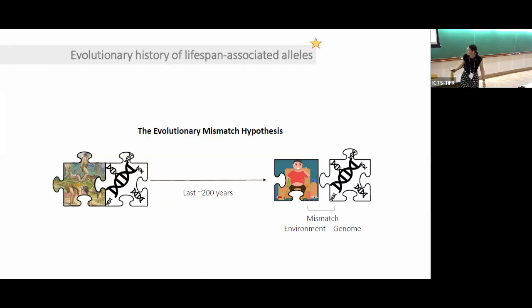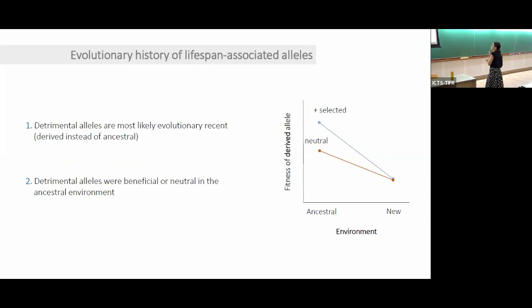So for example, this particular theory has two assumptions for it to be true. The first one is that the detrimental alleles today, the things that make us sick today, are most likely evolutionarily recent, so they tend to be derived instead of ancestral.